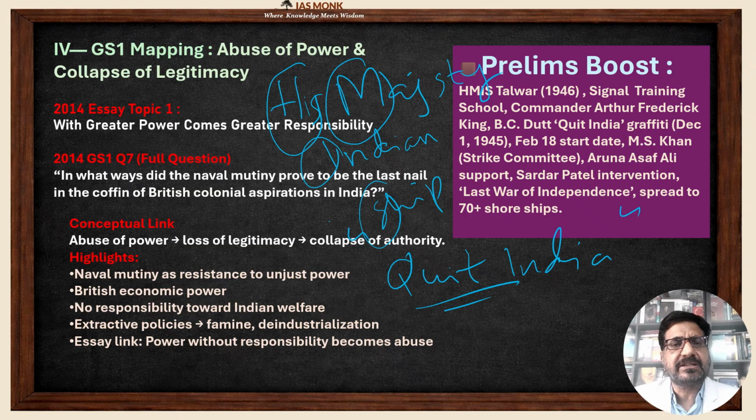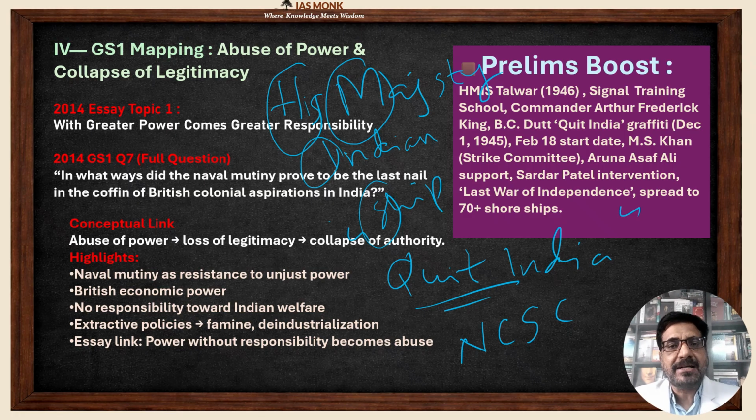But all these sailors organized themselves through the Naval Central Strike Committee, NCSC. They organized this mutiny under this committee, and the president of this committee was MS Khan.